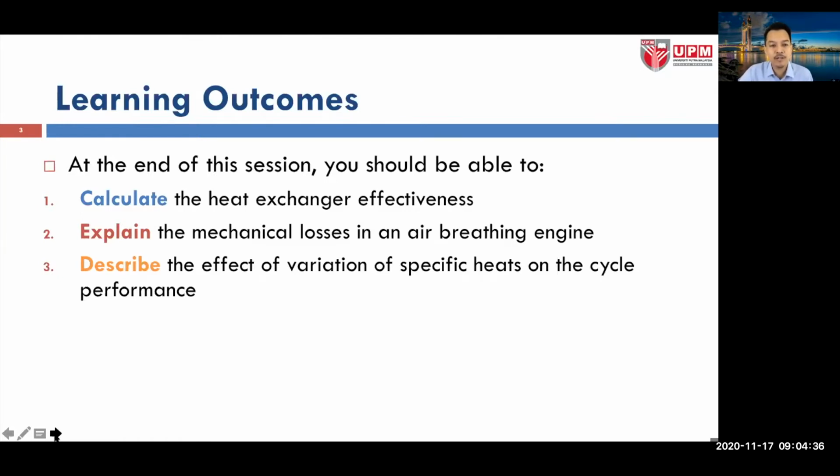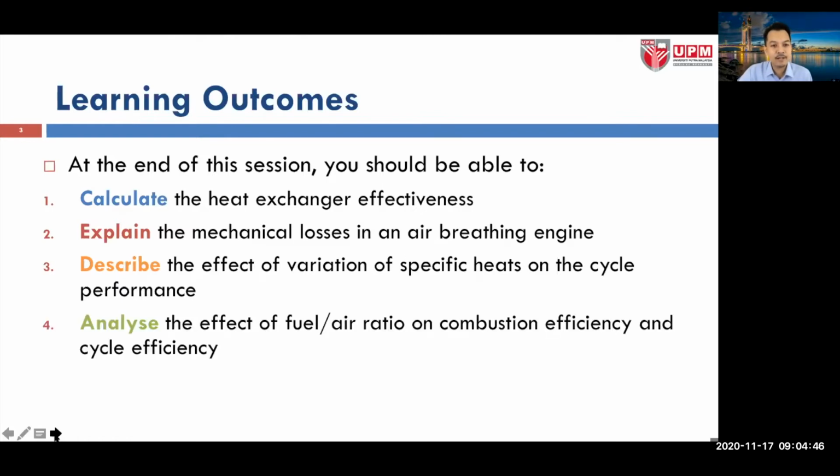It depends on the gas that we use in the gas turbine engine. And then analyze the effect of fuel to air ratio on combustion efficiency as well as the cycle efficiency. And finally, you should also be able to explain the importance of bleed flow and its application in the gas turbine engine. Those are, among others, the important learning outcomes that you should obtain by the end of this session.